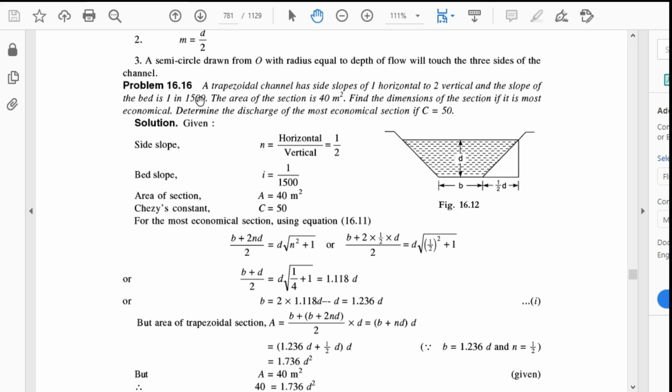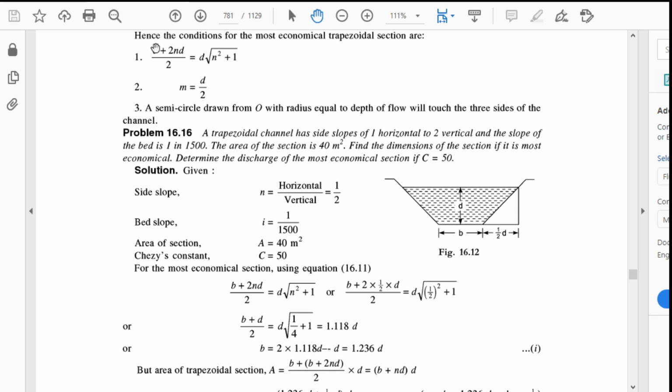I will be useful for the calculation of discharge, that is discharge using Chezy's constant. The formula for discharge by using Chezy's constant is Q equals A C root mi, where i is nothing but your bed slope. And in the conditions of trapezoidal section, here you can see the letter n.